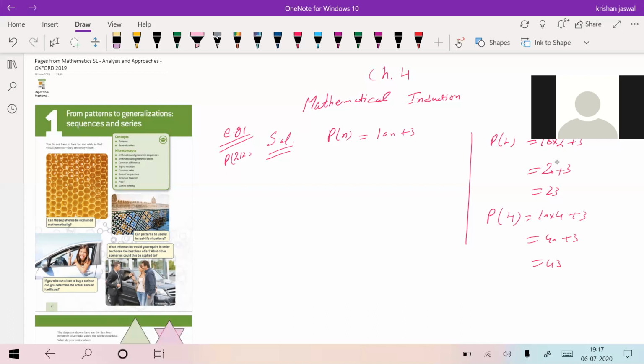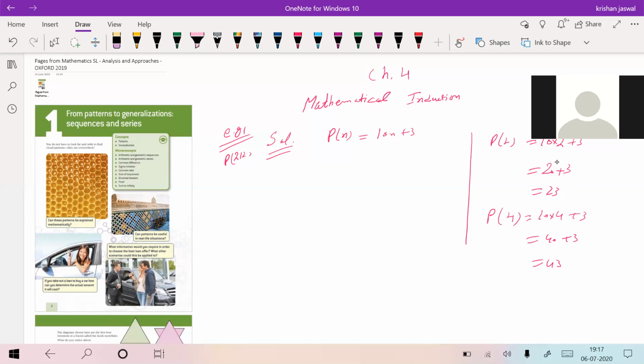It is also a prime number. If we continue this process, our question will be very lengthy. So we will give only one example which makes this statement false.